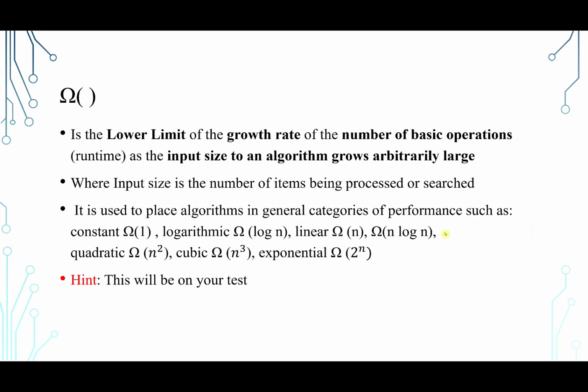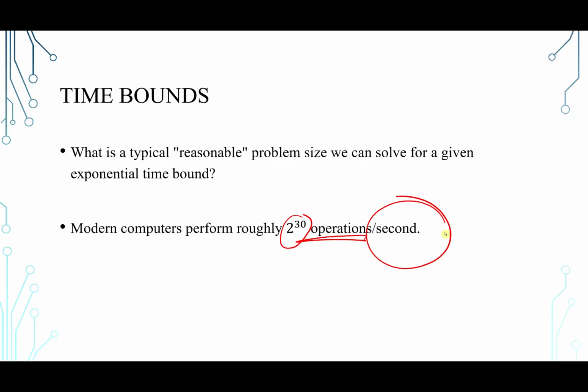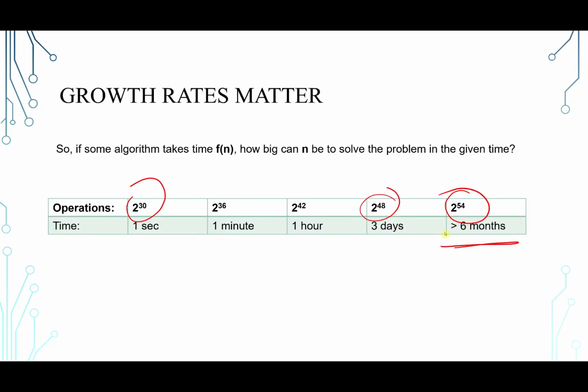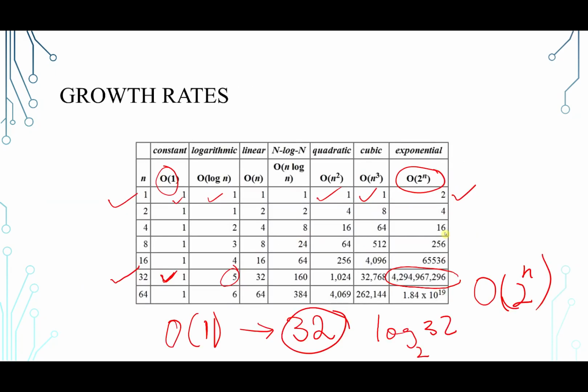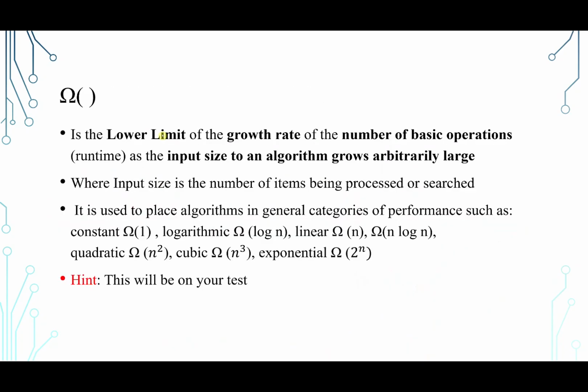So we have something else. We said big O notation is the upper bound. What is this? This is big omega.